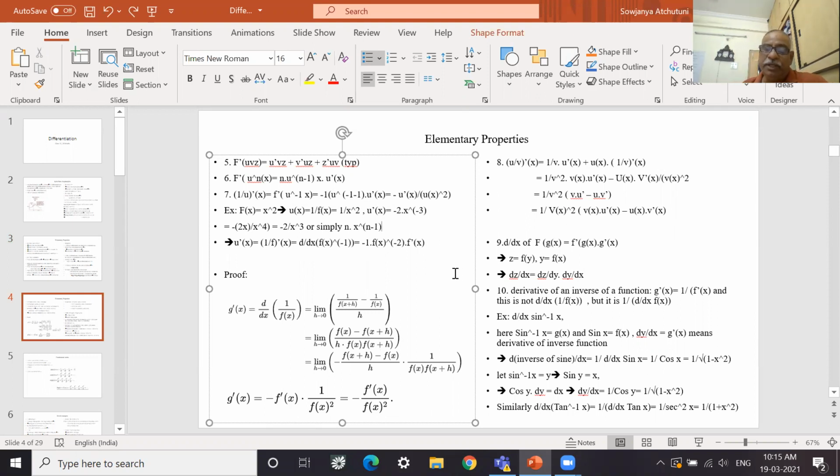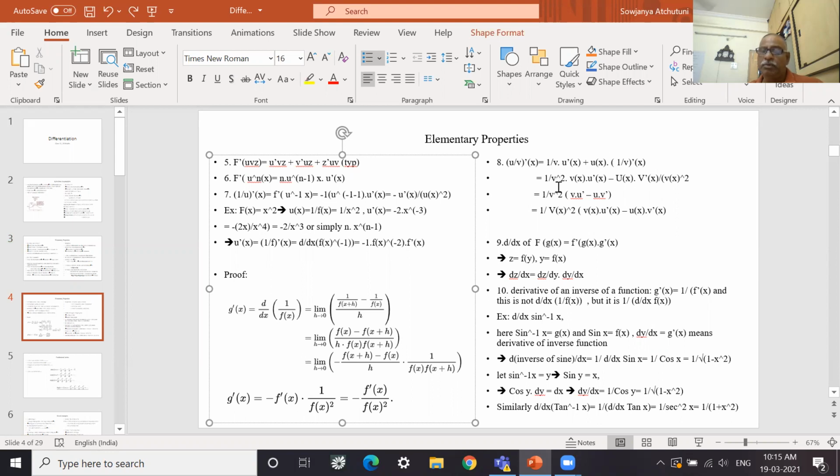So similarly, if I apply to u by v, derivative in x, so u into the derivative of 1 by v, plus 1 by v into u dash x. So what is the derivative of 1 by v? It is nothing but minus v dash by v square.